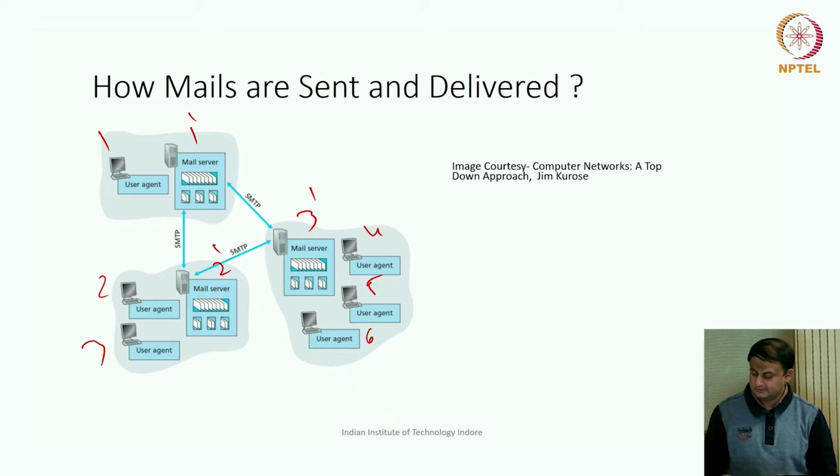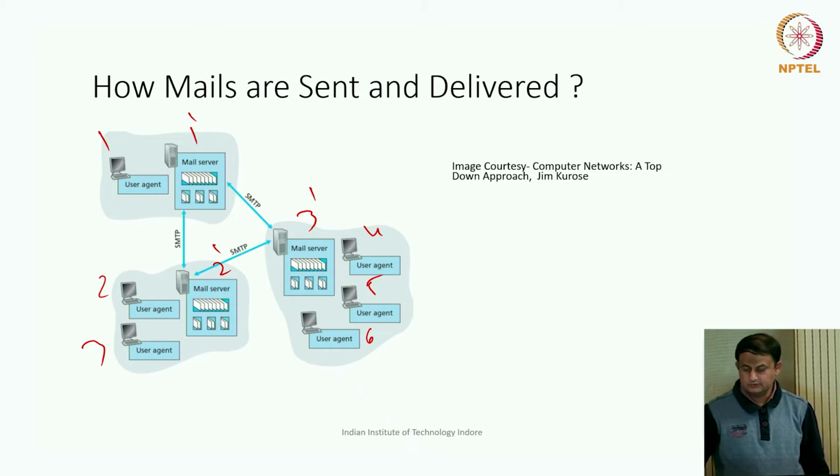How do we access the email or send the email? We use either web mail, where we open a browser and log into the web interface, or some kind of email client, maybe Thunderbird or Outlook, if we have configured it. Those are email applications, technically called user agents. User agents are the ones which help you receive email or send email to someone else.